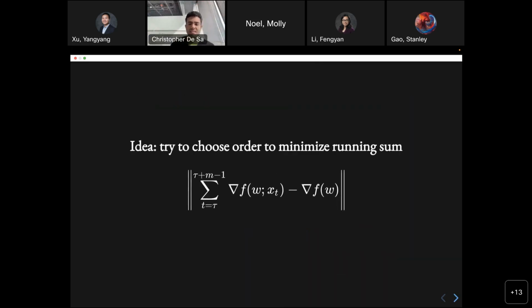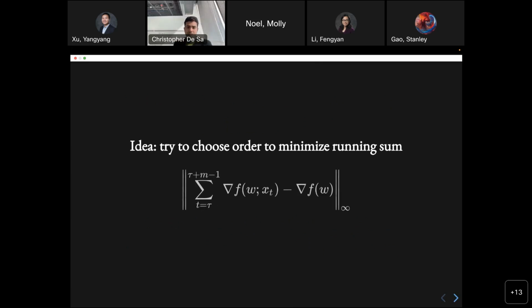Well, the insight is that this running average of gradients, how it compares to the full batch gradient, is the thing that we care about in terms of how fast we're going to converge. Why don't we just try to choose the order we use the examples in order to minimize this running sum?